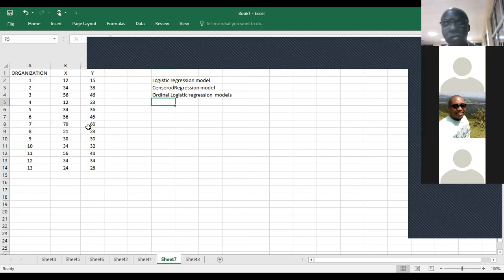Kindly repeat the point on ordinal, please. Ordinal is when you have like a Likert scale. You know, like you want to see the factors that affect quality of service. You ask respondents to rate quality of service in a bank, then they rate them on a scale of 1 to 5. So in this case, quality of service is the dependent variable.